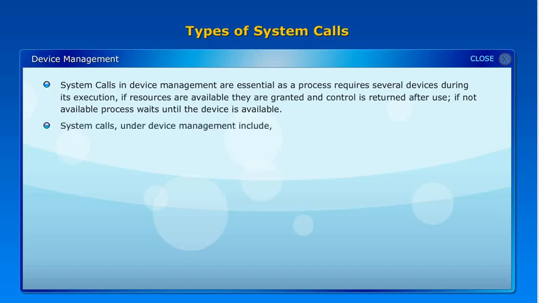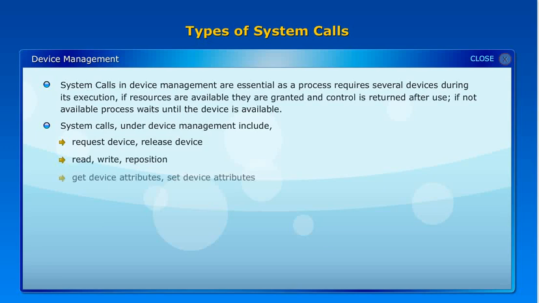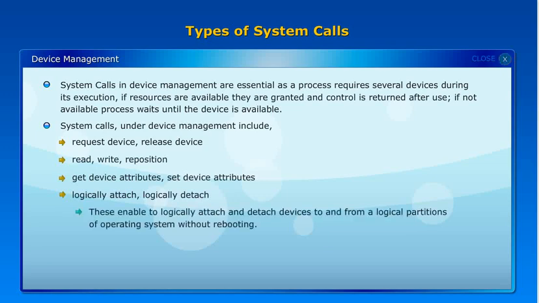System calls under device management include request device, release device, read, write, reposition, get device attributes, set device attributes, logically attach, logically detach. These enable to logically attach and detach devices to and from logical partitions of the operating system without rebooting.